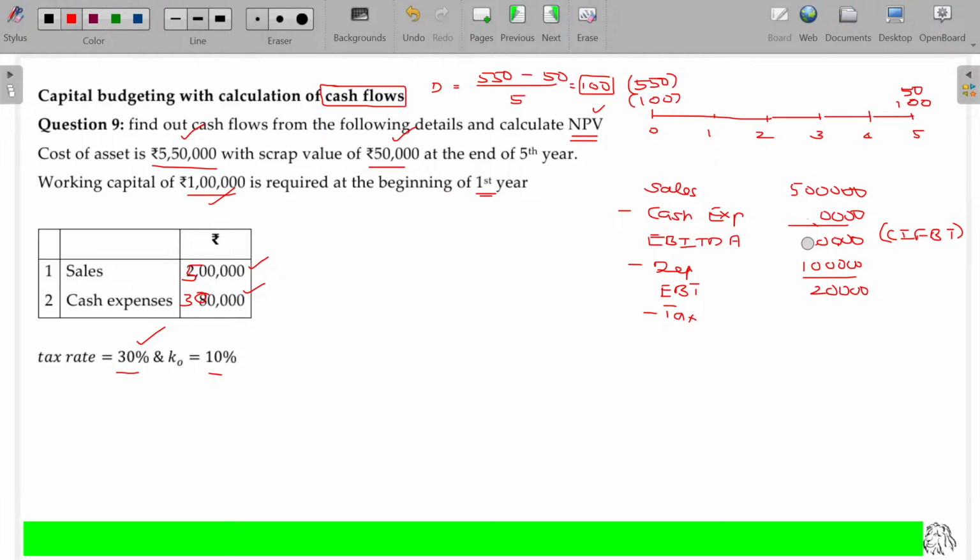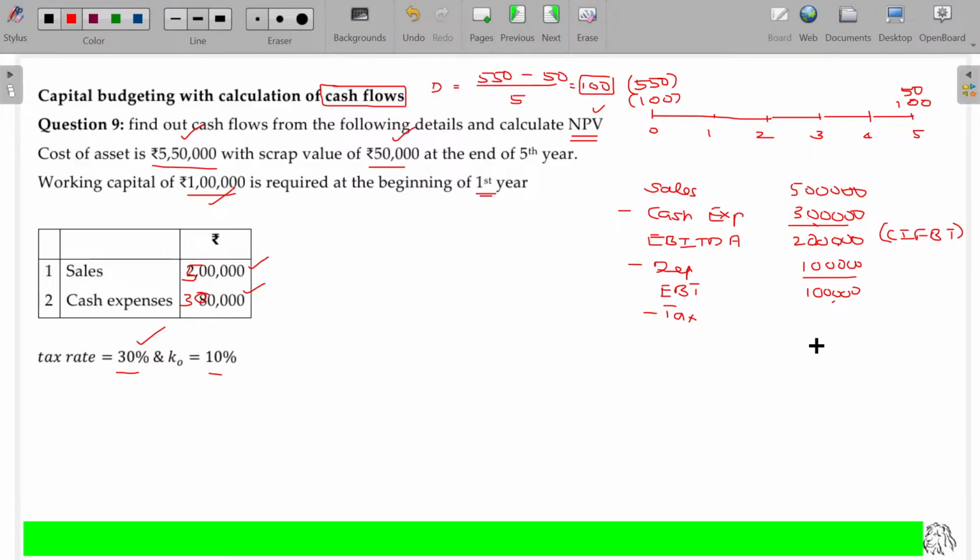Make a small correction in the values; in the text itself, we can correct. So EBITDA 2 lakhs and EBT being 1 lakh. Otherwise, NPV would be negative. That's why I have made the change in the text, but it is not incorporated in the edition. So you can correct this.